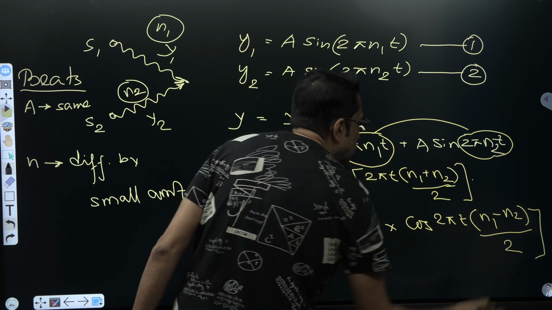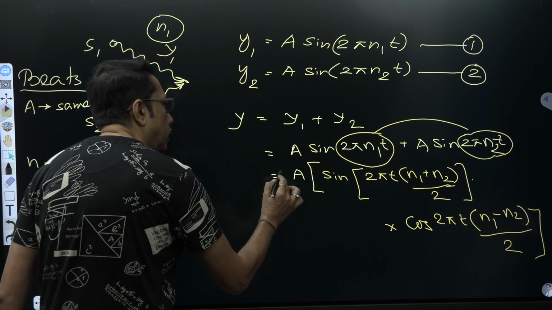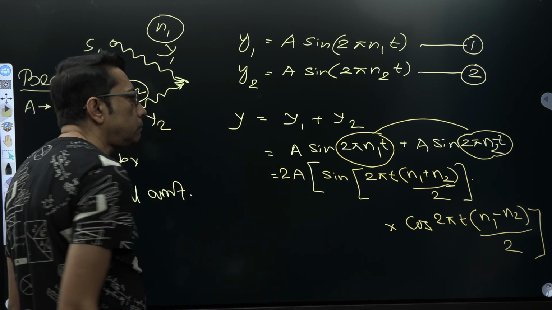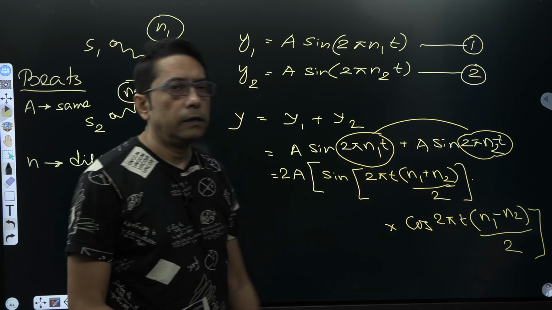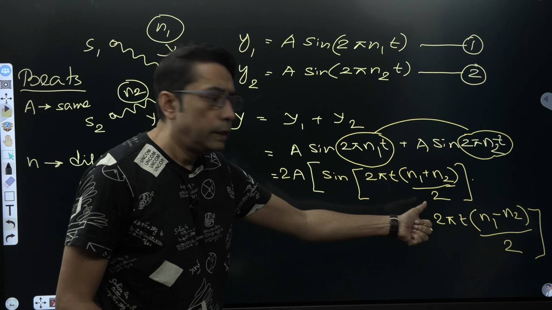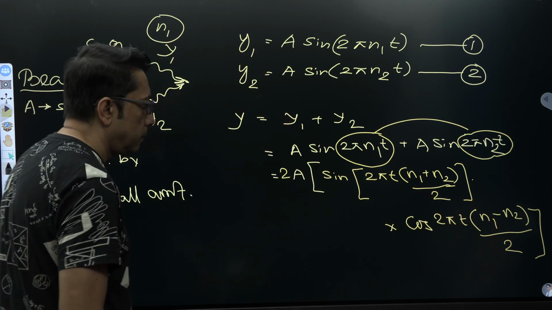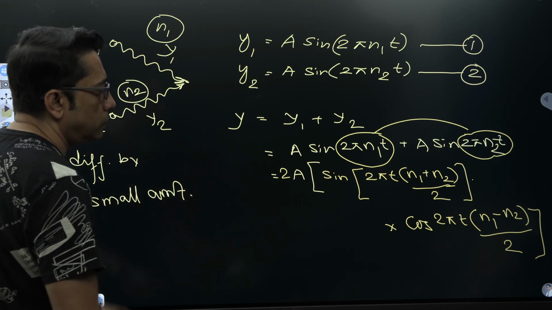But with this, there would be a factor of 2 coming here. So the formula of sin C plus sin D, with A taken common, is 2 sin (C plus D) by 2 into cos (C minus D) by 2. I have just placed that. So we are okay with this.